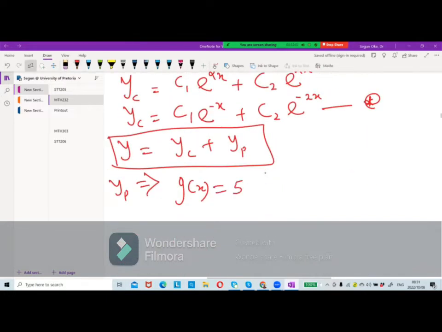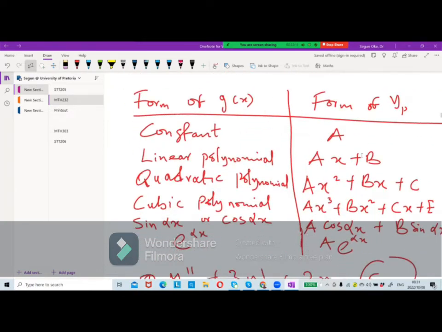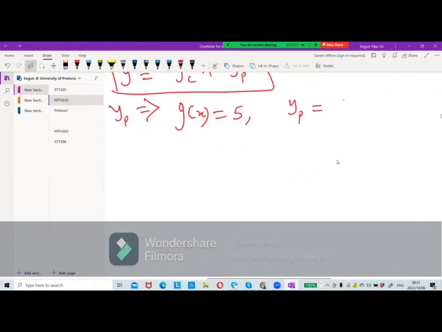Then what will our yp be, when you have a constant? Are you following now? Because this 5 is a constant. There is no variable attached to it. No x, no exponential, nothing. So it is what? A. Thank you. It's going to be A.